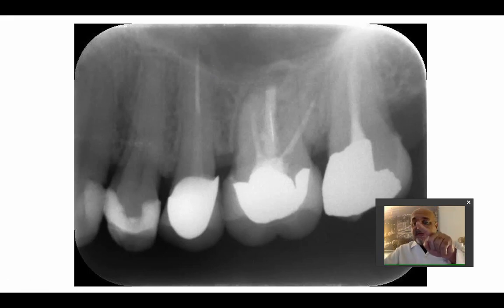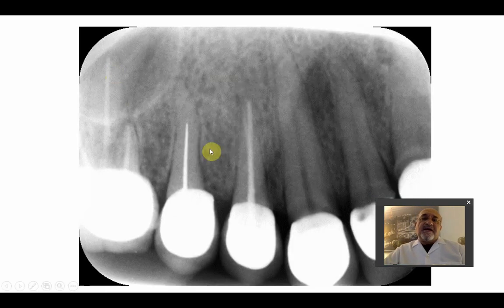So see, in this case, for instance, the maxillary sinus is just distal to the 5. This is the floor of the maxillary sinus. It has nothing to do with the canine, nothing to do with the premolars, but it is very well located beyond, distal to the 5.